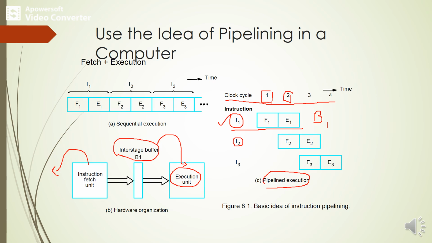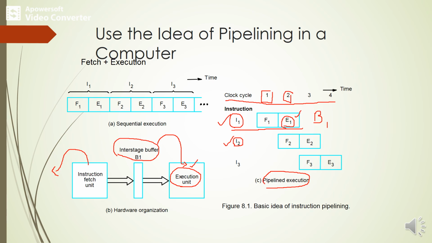Meanwhile, from the inter-stage buffer register B1, the instruction will be copied into the execution unit and it will start its execution. That means during the fetch phase of I2, we can execute the first instruction.